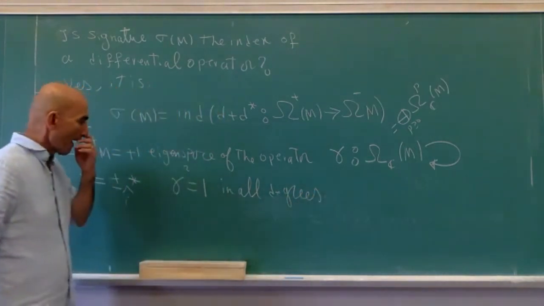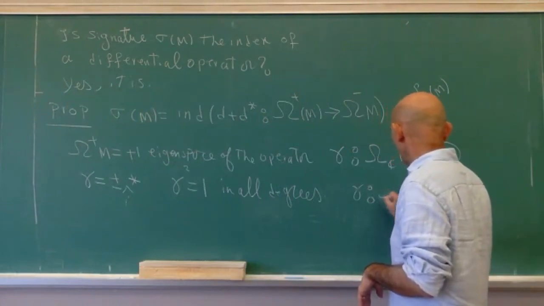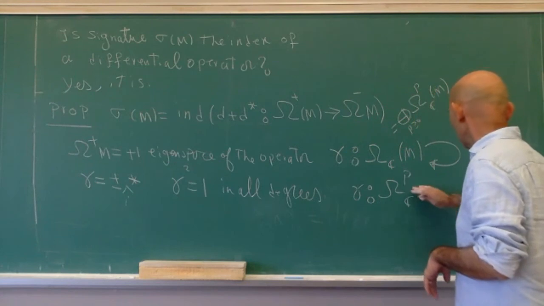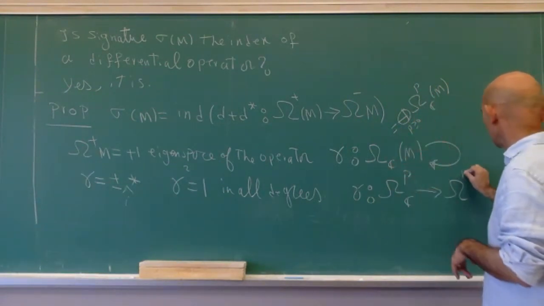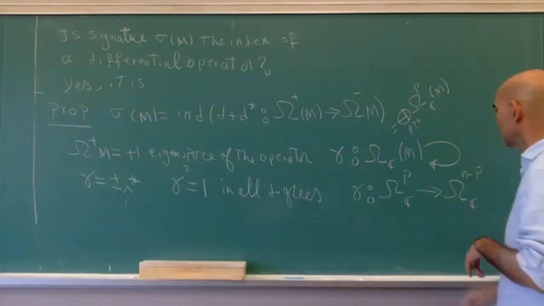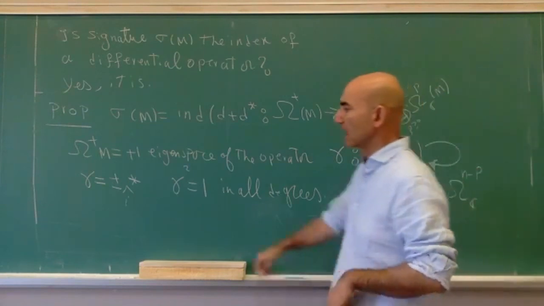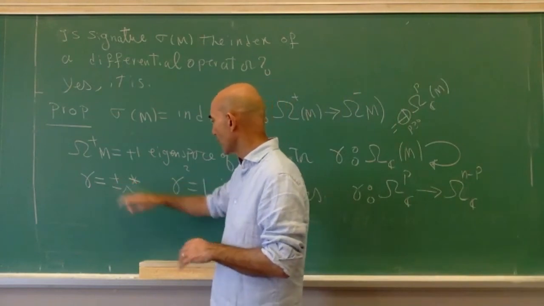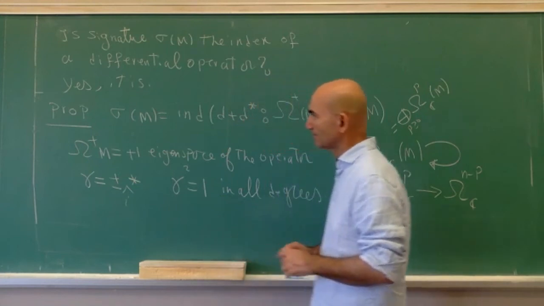So gamma goes from omega C p to omega n minus p, like the Hodge star operator. The issue is really signs. You have to pick signs in the right way, such that you always get gamma squared equal to 1.